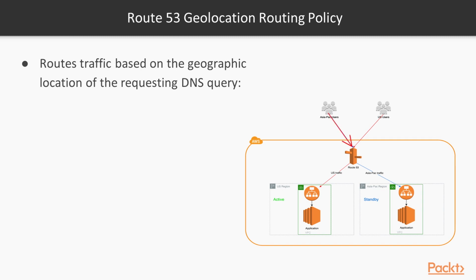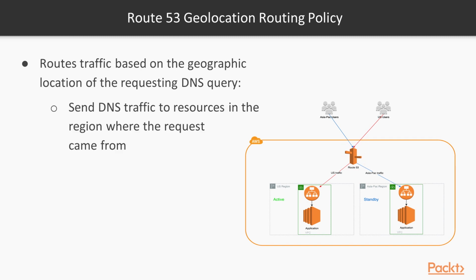So when an Asia Pac user makes a request to our domain, they get routed based on their location to the Asia Pac region. And when a US user makes a request to our domain, they get routed to the US region based on the geolocation routing policy within Route 53.